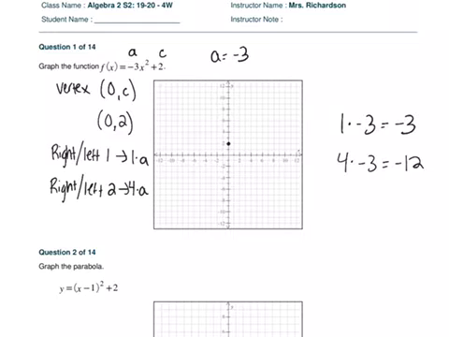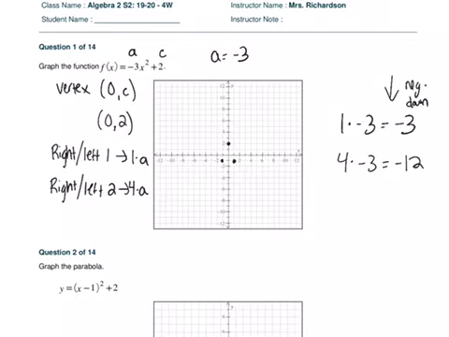So you're going to start at that spot and you're going to move 1 right and 3 down. 1, 2, 3. And that's going to be your first point because remember, the negative tells you to go down. Okay? And then you're going to move left 1 and down 3, and you're going to plot another point.